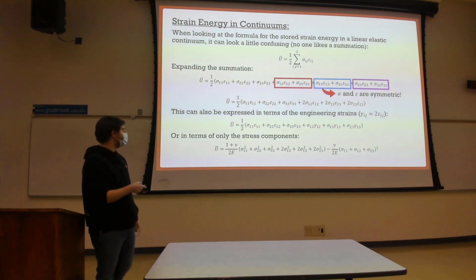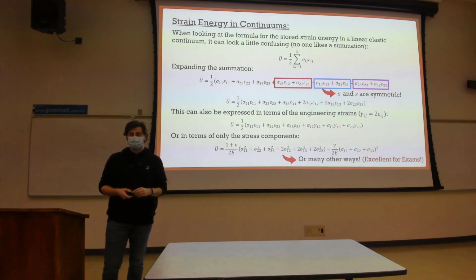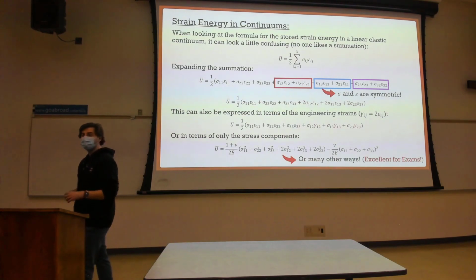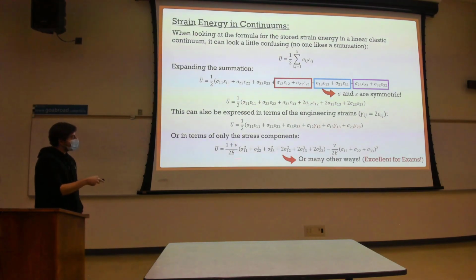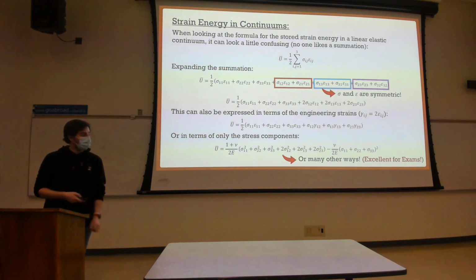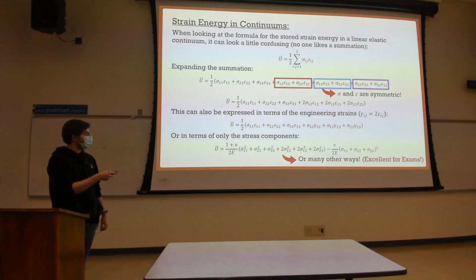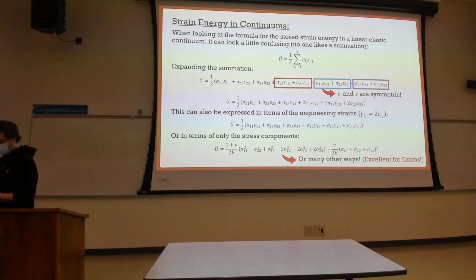This is where strain energy becomes fun. There is many, many ways to express it. So that's what you'll typically see on exams. Now, if we were to look at this, I already gave you guys how it is expressed in terms of stresses. Sigma, sigma, sigma, sigma. On an exam, I can say, okay, what is this in terms of epsilon? So that's kind of the fun thing about strain energy.